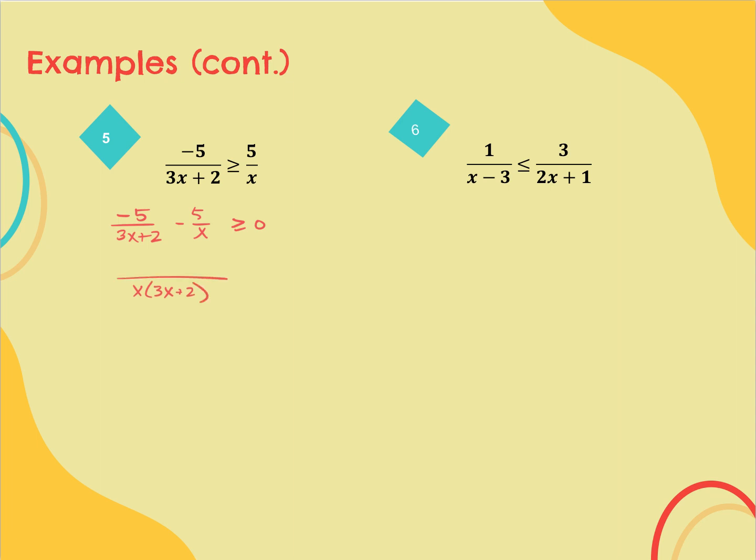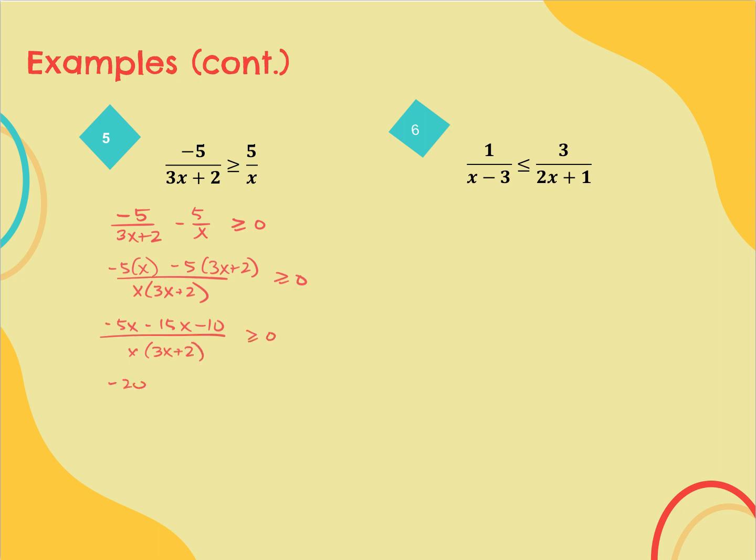Which means I'm going to have to multiply my first term, negative 5, by x, and I'm going to have to multiply the second term, negative 5, by 3x plus 2. So again, distribute: minus 5x minus 15x minus 10, all over x times 3x plus 2.